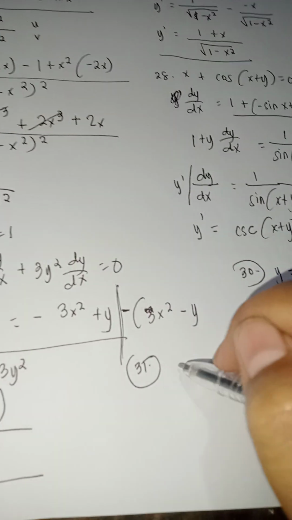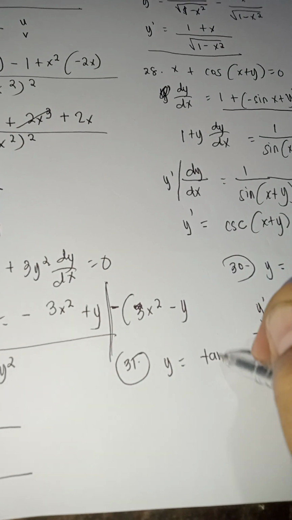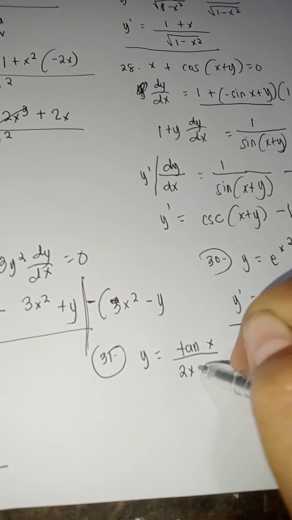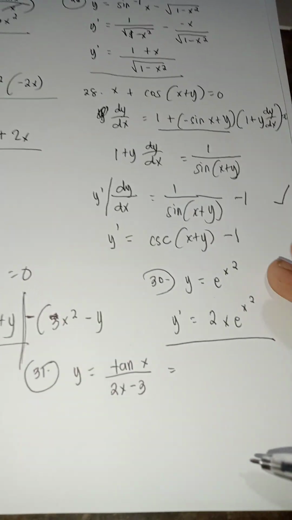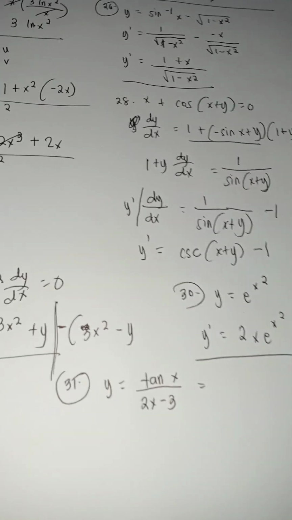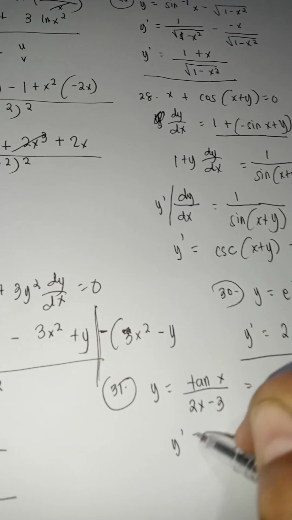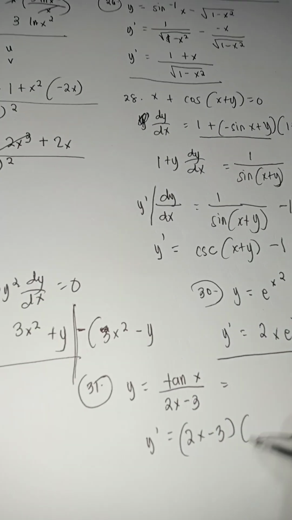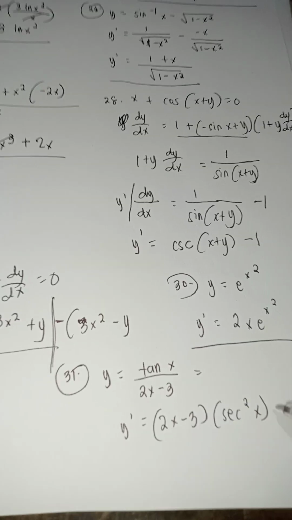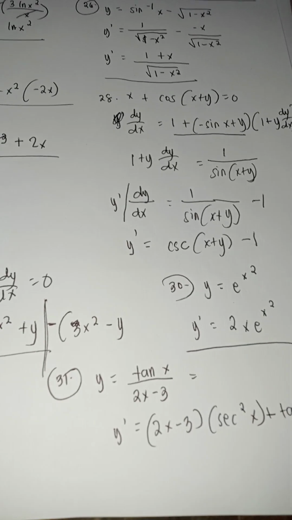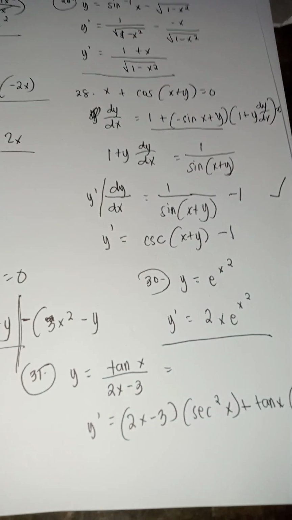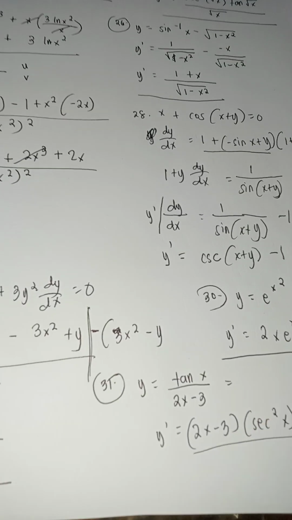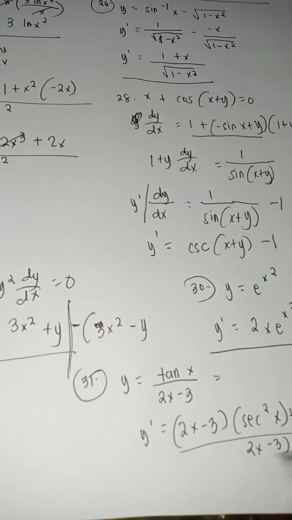The problem is y is equal to tan x over 2x minus 3. Okay, so we are going to apply the quotient rule. Y prime is equal to 2x minus 3 times the derivative of tan x, which is secant squared x, plus tan x times the derivative of 2x minus 3, which is 2, over 2x minus 3 squared.